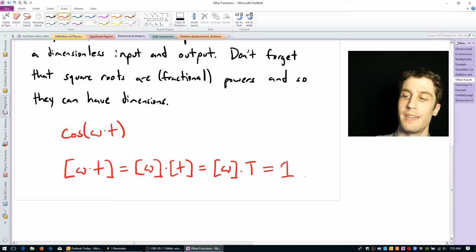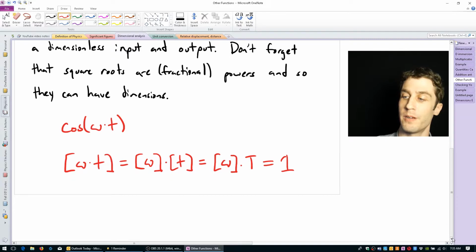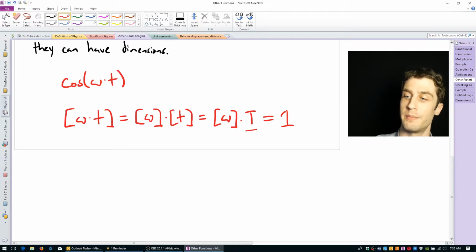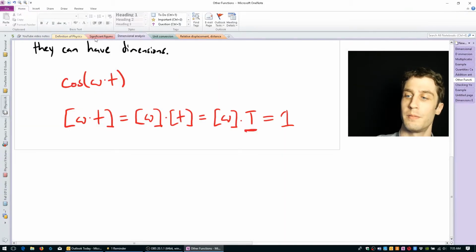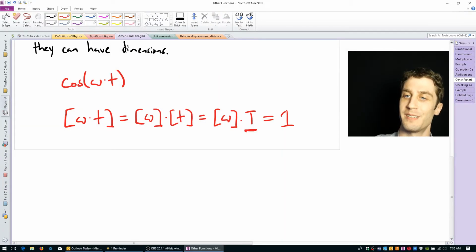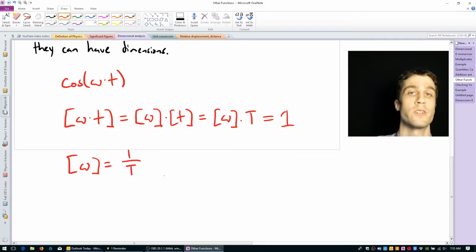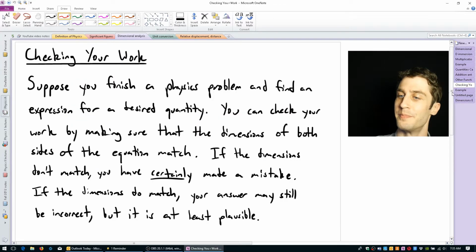And we know that that must be a dimensionless quantity. And so if I were to rearrange that, if I were to divide both sides by the dimension of time, I would derive that the dimensions of omega are 1 over time. Okay. And that is true.